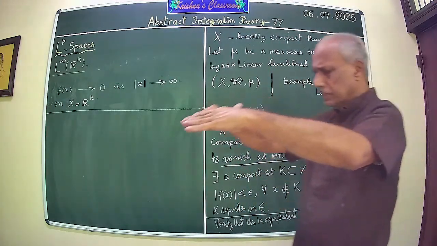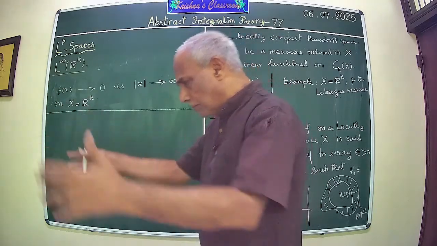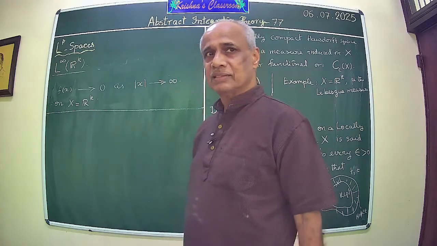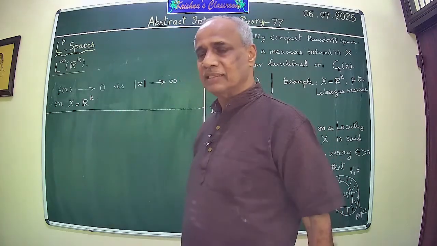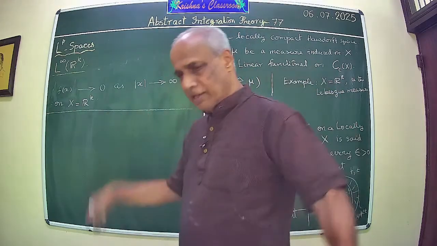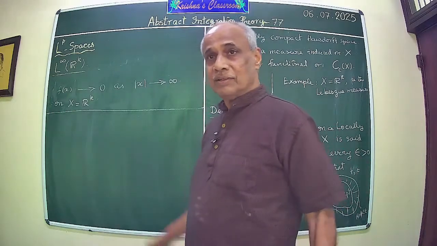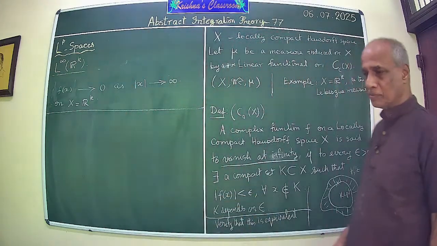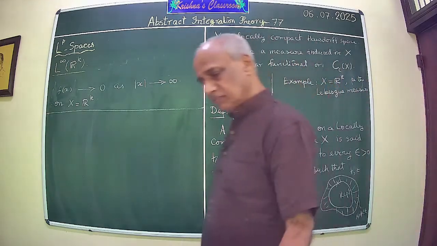It simply says that given epsilon positive, there exists some compact set outside which the function is less than epsilon, that is modulus of f(x) is less than epsilon. So if you choose a smaller epsilon, you get another compact set. So this compact set fully depends on what epsilon you choose, given f.